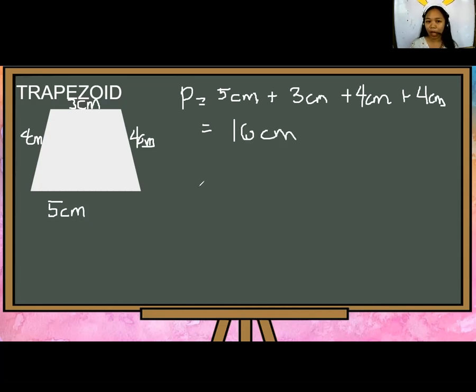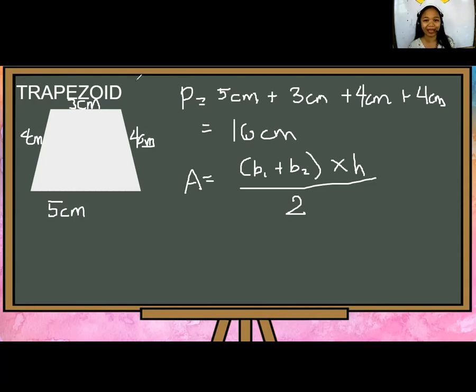Now, for the exciting part, the area of a trapezoid. The area of a trapezoid is base 1 plus base 2 times height over 2. Okay, if you can notice, we don't have a height. So I will give you a height. Okay, the height is equals to 3 centimeters.